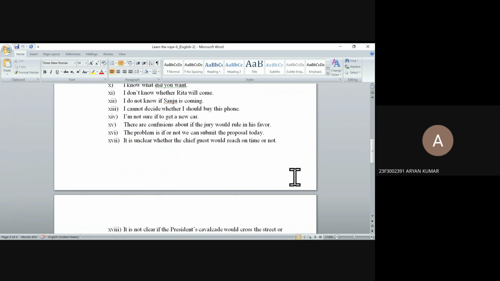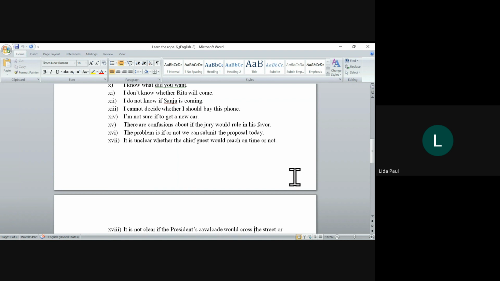Because this is the next kind of expression: if you have or not in a sentence, if it is at the end of the sentence, then you can use if or whether.